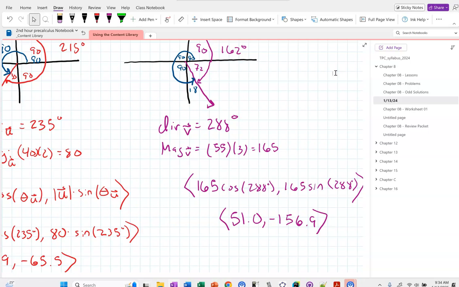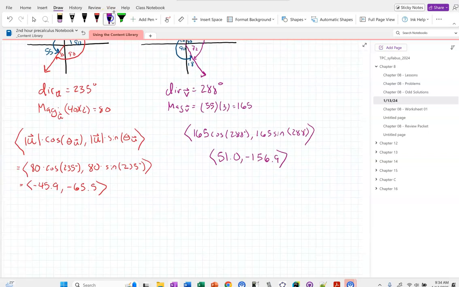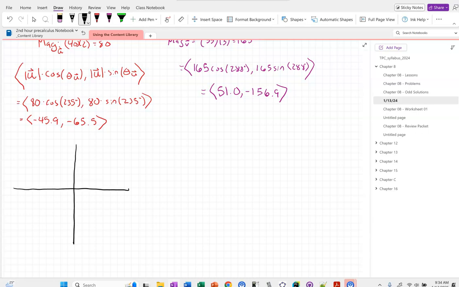So far, so good. Okay. Now let's think about what it is that we're really being asked for here, right? So I have my boat.